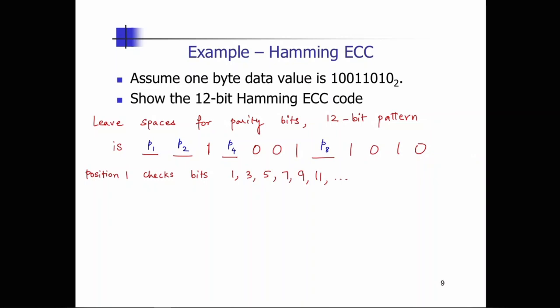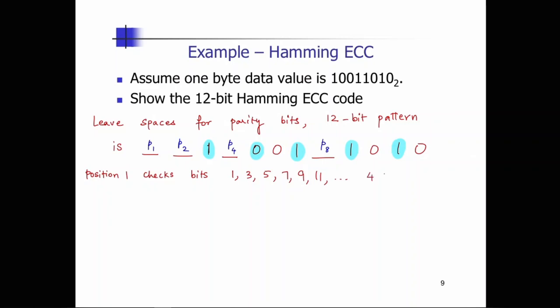If I highlight them, for this one it's going to be this, that's 0, and alternate, and alternate. So if I count the number of ones here, I've got 1, 2, 3, 4, which means even parity.